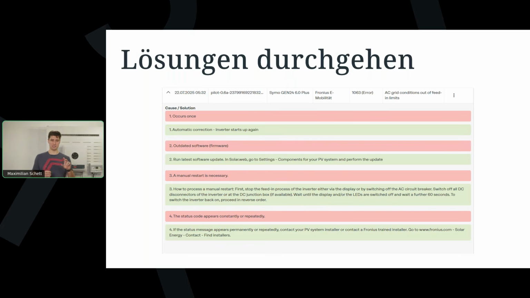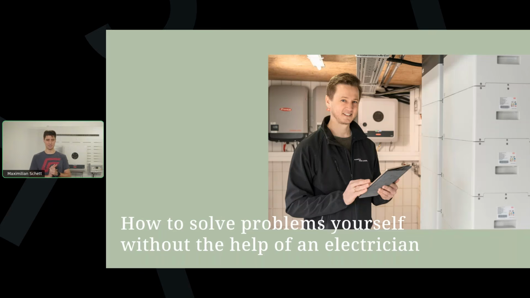Those two measures, installing an update and the manual restart, are something you will come across often. Those are the two things you as a PV owner can do without calling us or your PV installer.